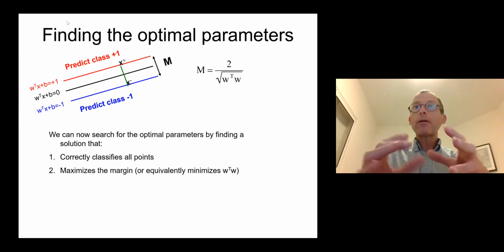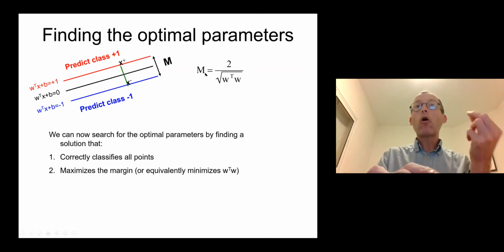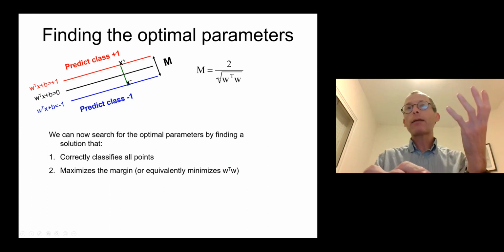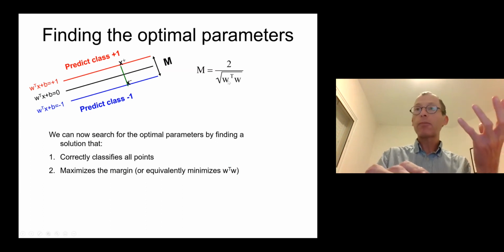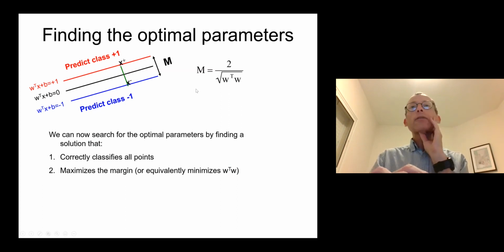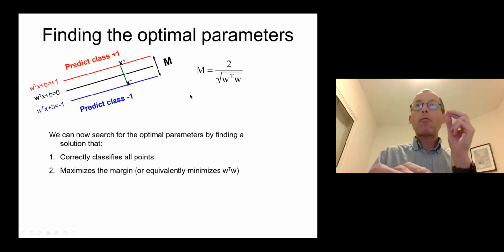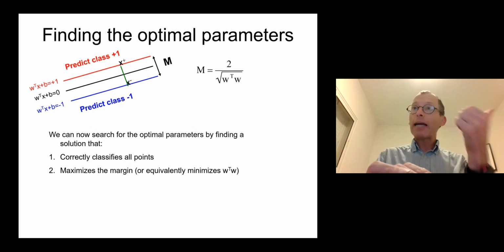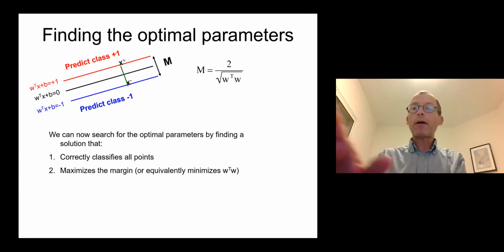And they need to maximize M, or maximize 2 over WTW. Or if you want, because this is a denominator and we know it's positive, we can minimize WTW. That's the equivalent, right? If we minimize this, then this fraction is maximized. Okay, so this is the way to link the accuracy and the margin to the parameters.